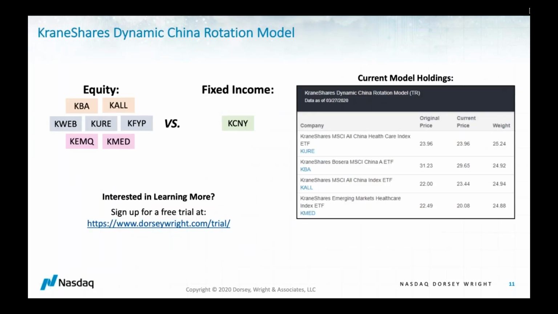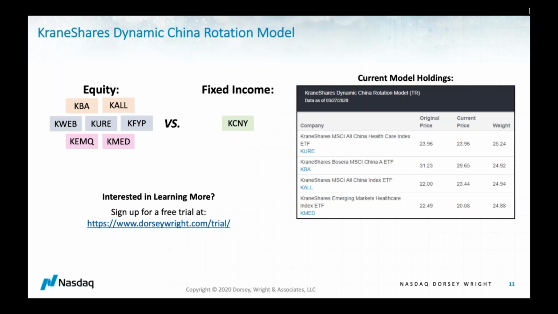So in addition to identifying the strength of China against the broader international space, we partnered with Krane Shares to bring a model to the platform that identifies strength within China. Let's look at some individual relative strength relationships within Chinese equities and how these compare to a broader Chinese fixed income representative, KCNY.